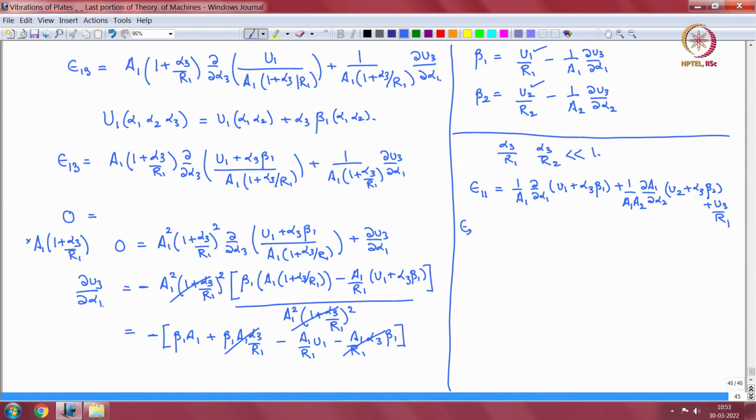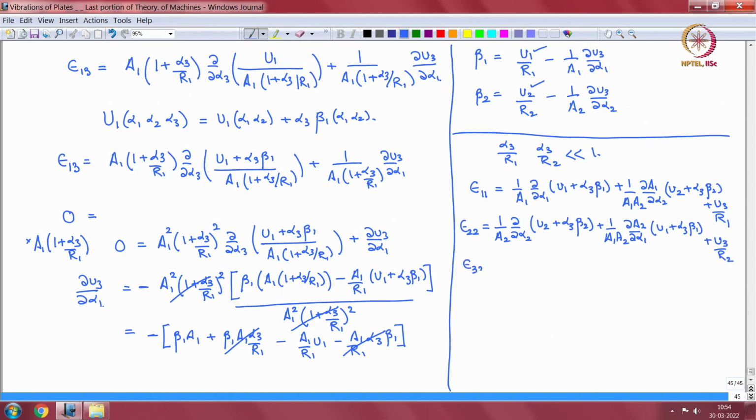Similarly, epsilon 2 2 is 1 by A2 del by del alpha 2 of u2 plus alpha 3 beta 2, plus 1 by A1 A2 del A2 by del alpha 1 times u1 plus alpha 3 beta 1, plus u3 by R2.